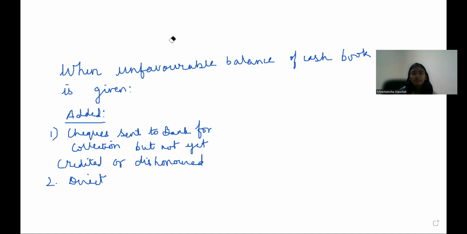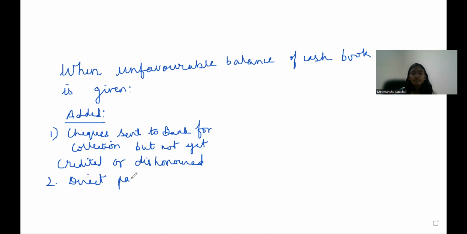What was happening was checks sent to the bank for collection but not yet credited. That means the balance is not yet coming to your account, right? The passbook is down. Yes. So that means your overdraft is still increasing. When the payment arrives in your bank account, your overdraft will decrease, right? That is the reason your passbook is decreasing here, so you have to increase it.